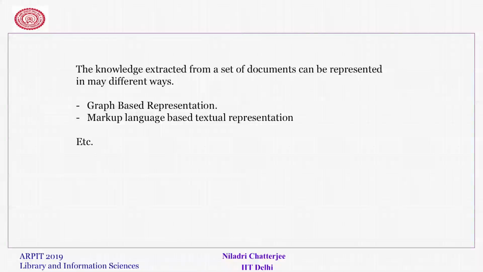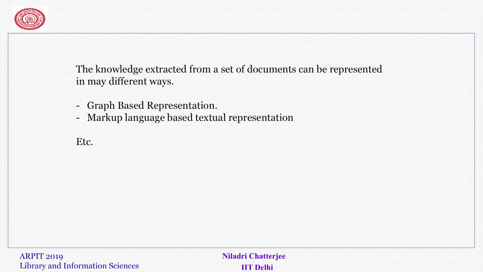The entire knowledge with respect to a particular domain can be put in the form of a graph, so that we can understand the relationship between different entities pertaining to that domain. Another is a markup language, where we can use different tags for textual representation of the information given in a particular text.